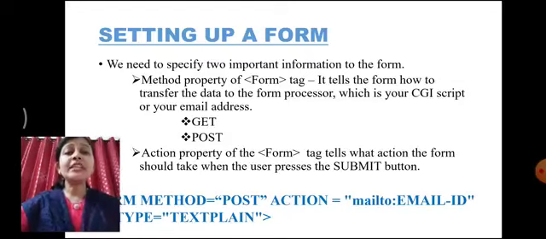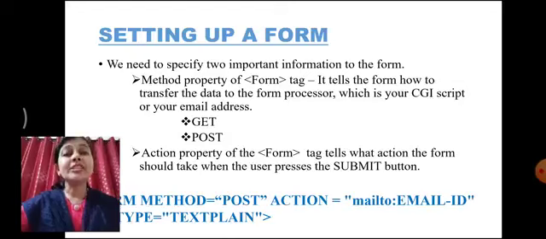The method property of the form tag tells the form to transfer the data to the form processor, which is either a CGI script or even an email address. That is, it transfers the data to the form processor, which is either a Common Gateway Interface script or an email address.